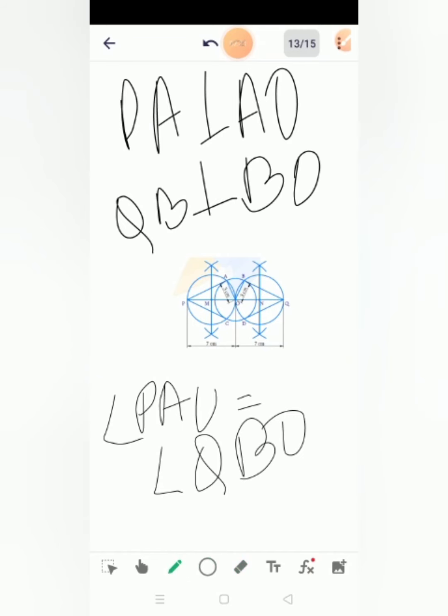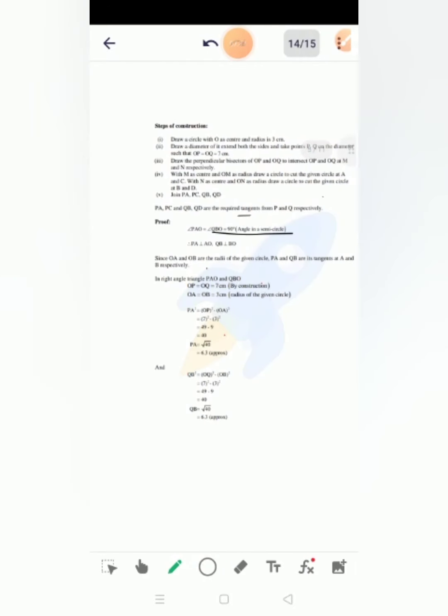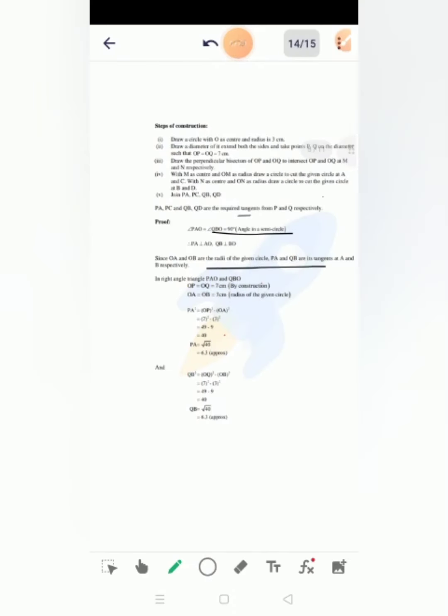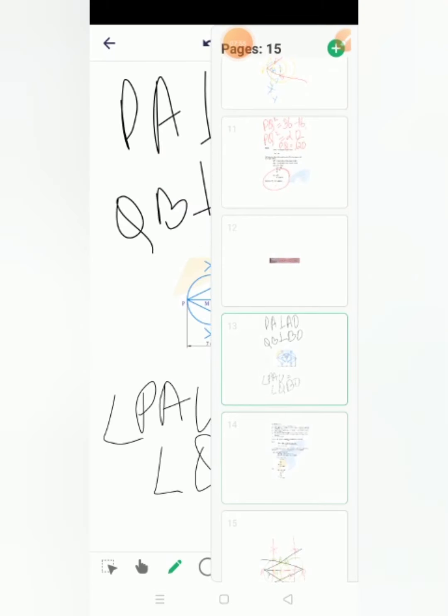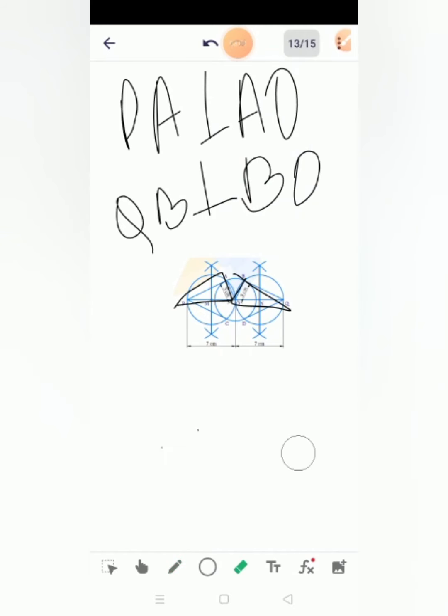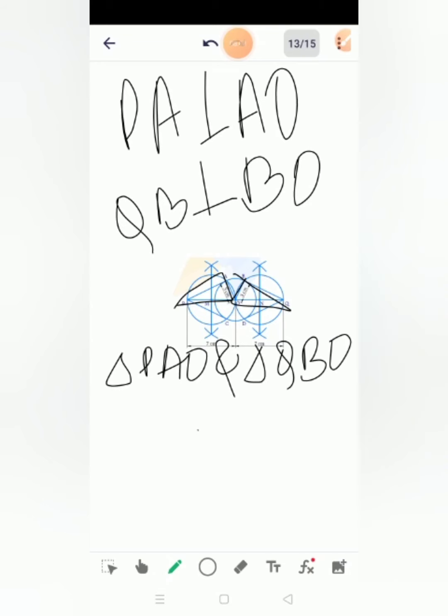After this, the next step is, since OA and OB are the radii of the given circle, PA and QB are the tangents. OA and OB are the radii, so PA and QB are nothing but tangents, right? And in triangle PAO and triangle QBO, let's see what is in these triangles.